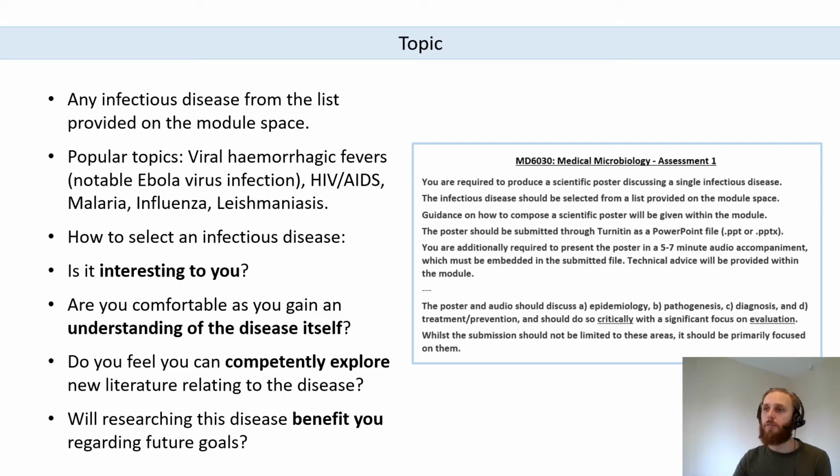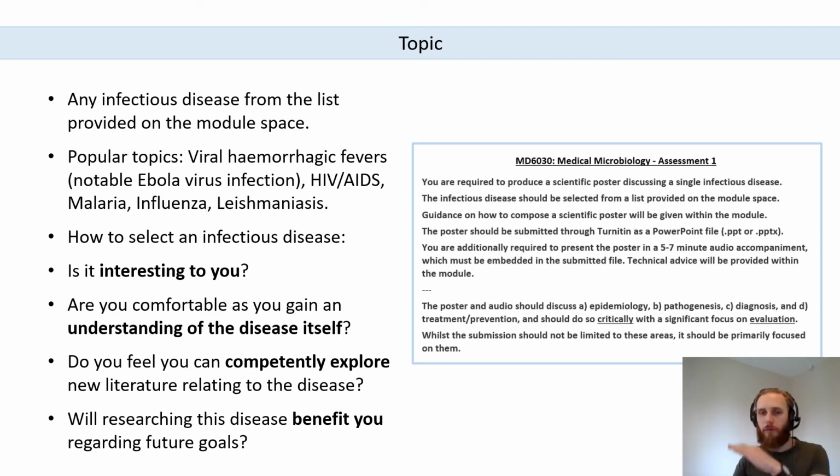Some students will look at the list and come in with the mindset of which infectious disease will help me do best, which infectious disease will people get the highest mark doing. That's not how the assessment works. Students can do equally well regardless of the infectious disease they pick, at a cohort level. Students who score highly pick a whole range of the different ones.